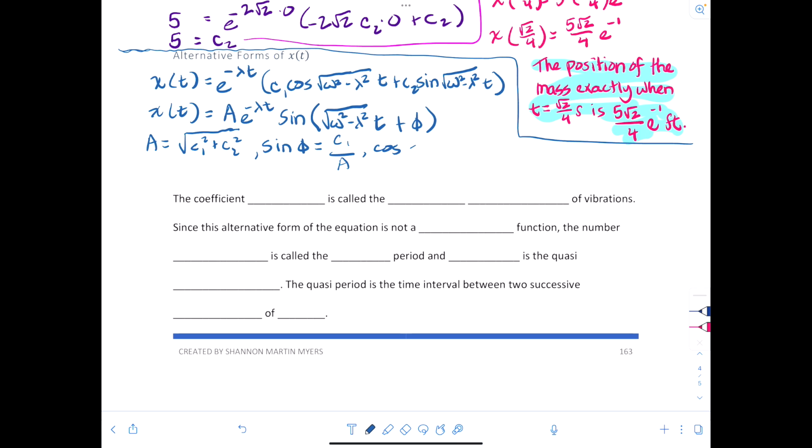Cosine phi is c2 over a, and tangent phi is equal to c1 over c2. Now the coefficient a e to the negative lambda t is called the damped amplitude of vibrations.